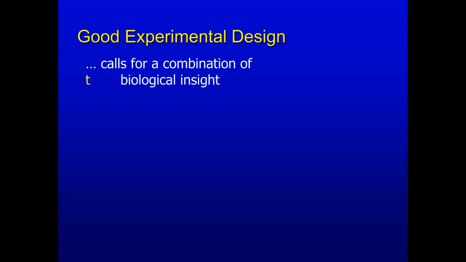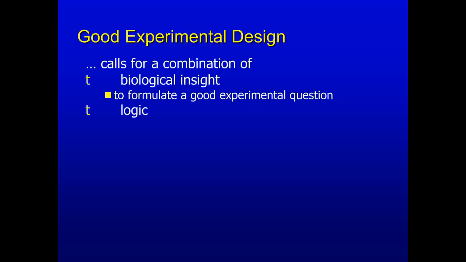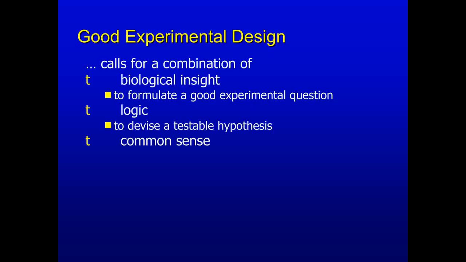And you can say that good experimental design calls for a combination of biological insight, which you need to formulate a good experimental question, and logic to work out a testable hypothesis around that particular question.